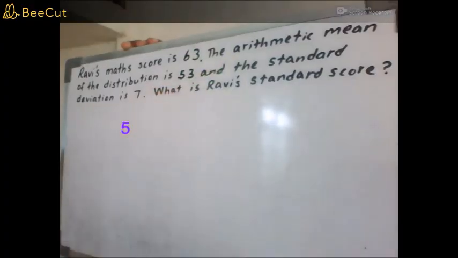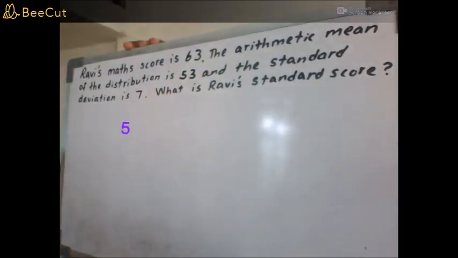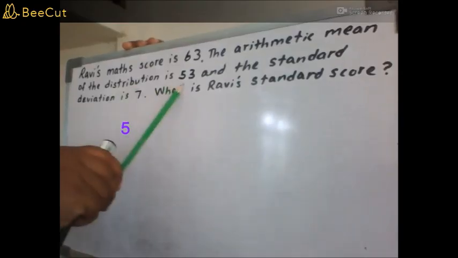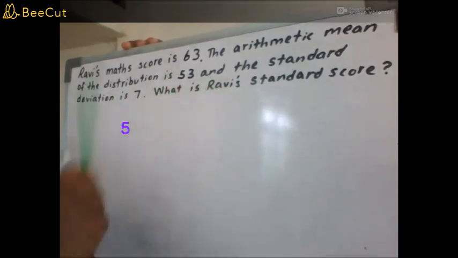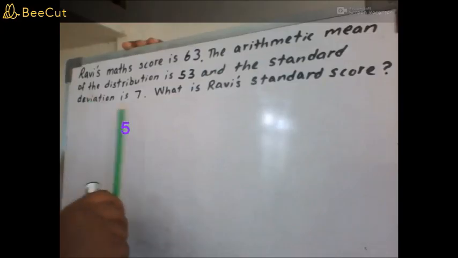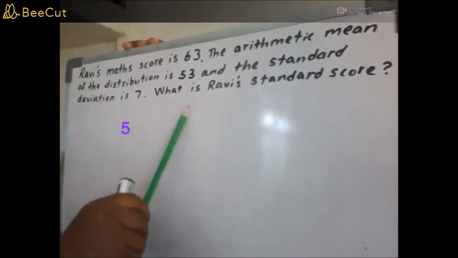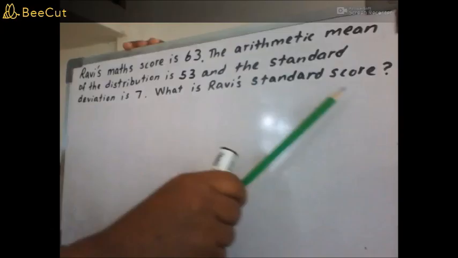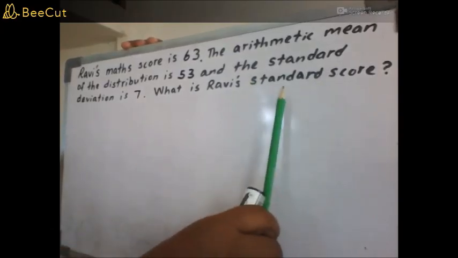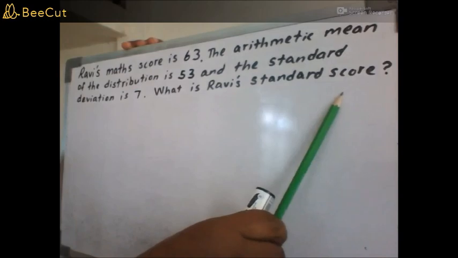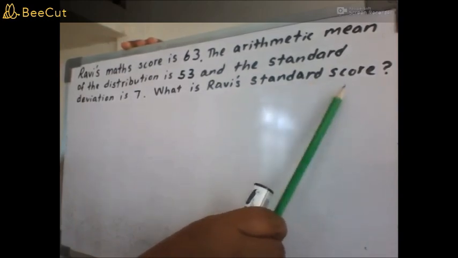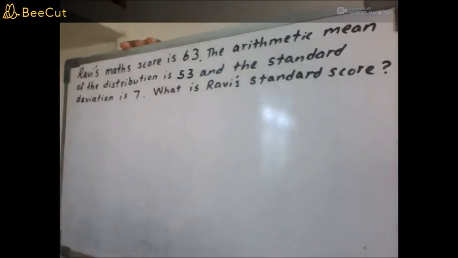The arithmetic mean of the distribution is 53, X bar is 53, and the standard deviation is 7. The question is, what is Ravi's standard score? Another name for standard score is normal score, or Z score.